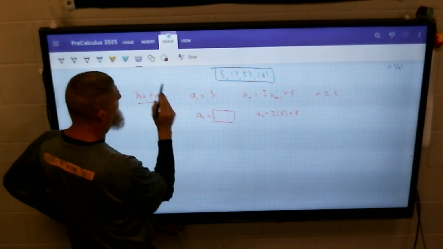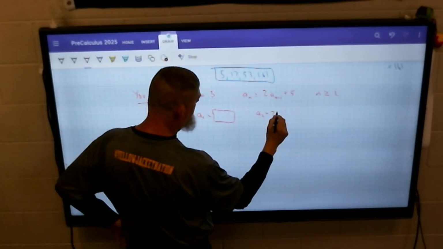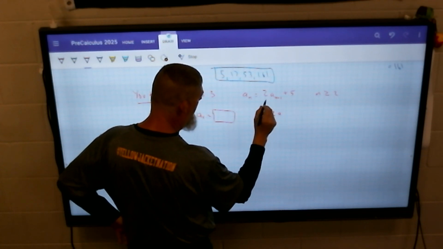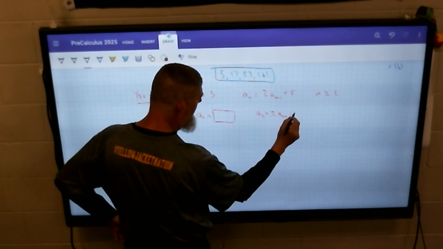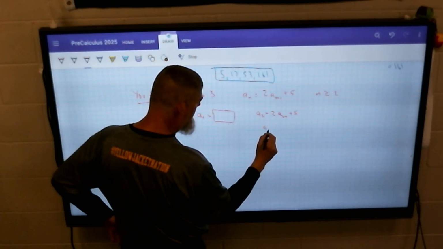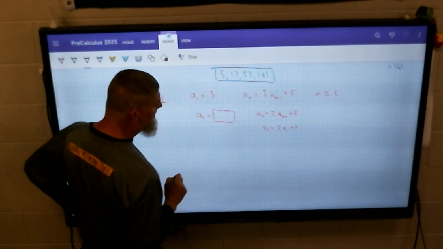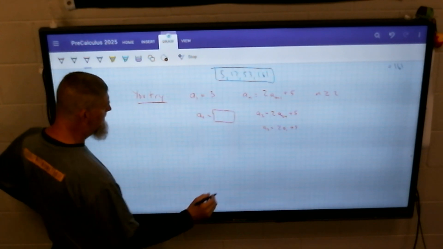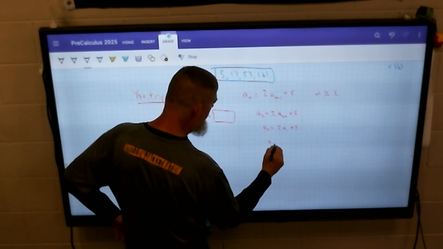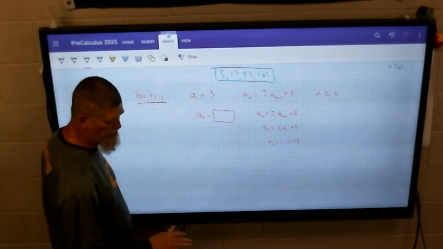Remember, I'm looking for the second term, so 2 minus 1. That's just saying A sub 2 is going to equal 2 times A sub 1 plus 5. So you simply plug in 3. 2 times 3 plus 5. That gives you your second term, I want the fourth.